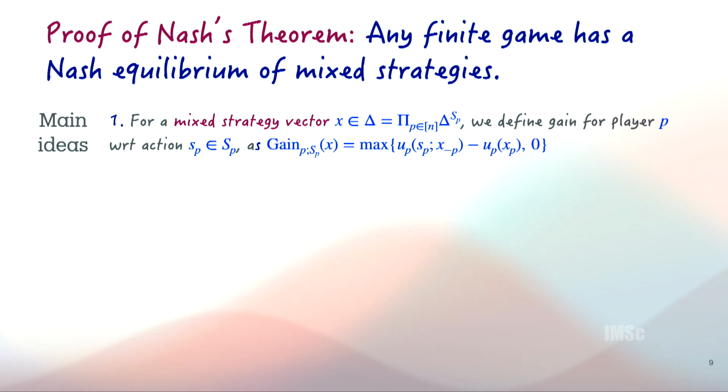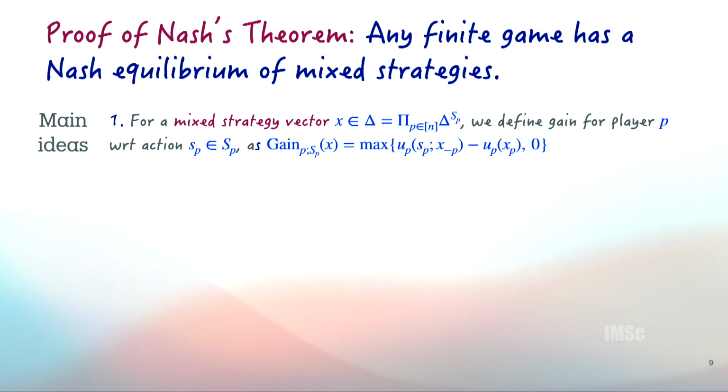No, I am trying to show that for a vector x, okay, so I am saying for a vector x, this quantity is defined. Vector x means it's a mixed strategy profile vector, right? You can define this quantity. To show that the game has a Nash equilibrium, what will I have to show? It's all the same. Gain is 0 for all players.